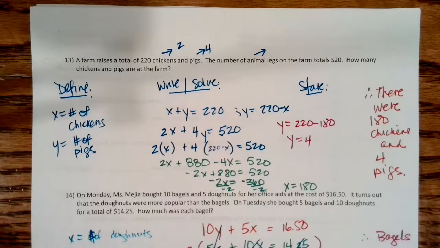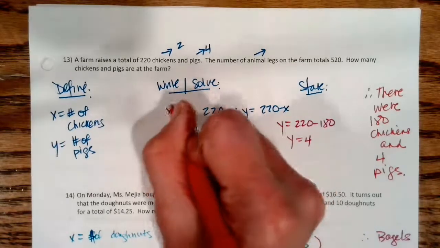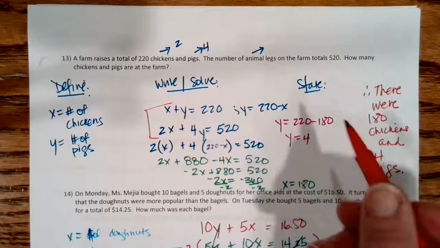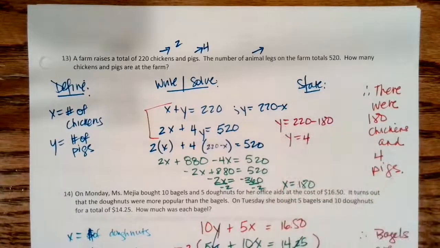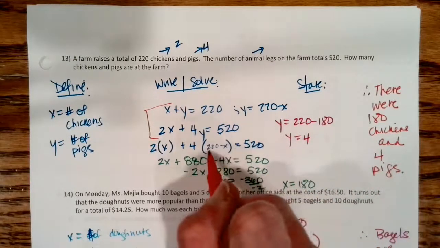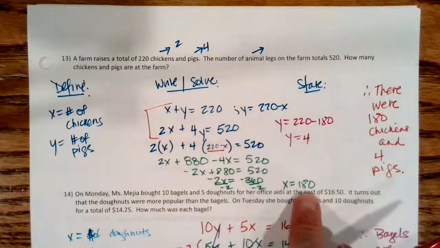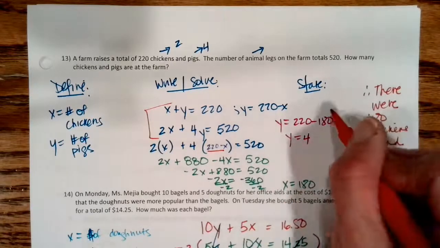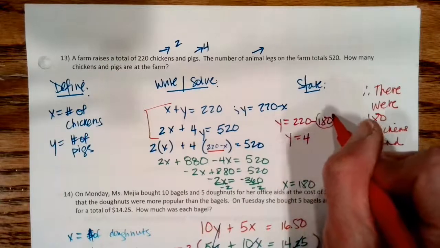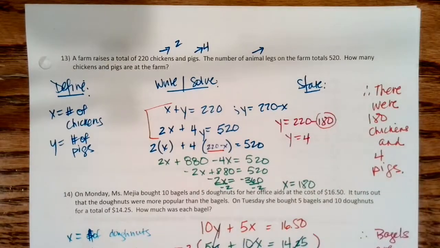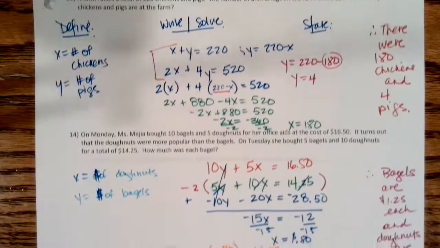So here's my system that I'm solving right here. I decided to solve for Y, and then I substituted that value in for Y, and then solved for X. Once I had a value for X, then I could put that in here, and then solve for Y. 180 chickens and 40 pigs.